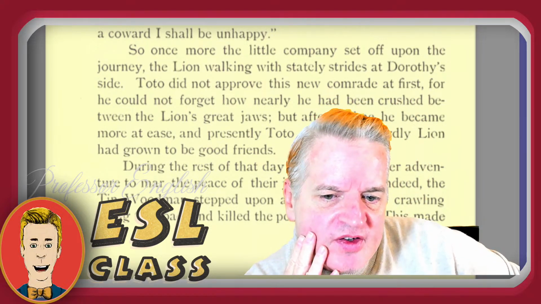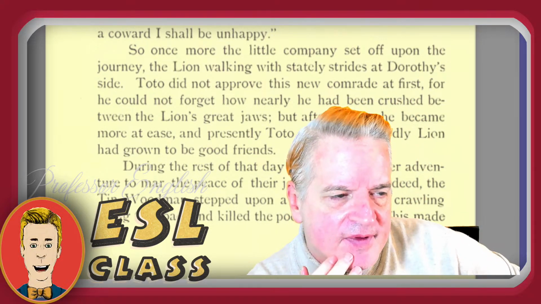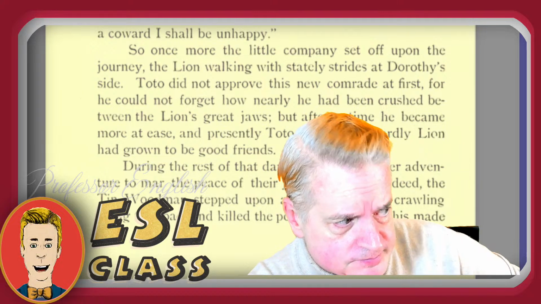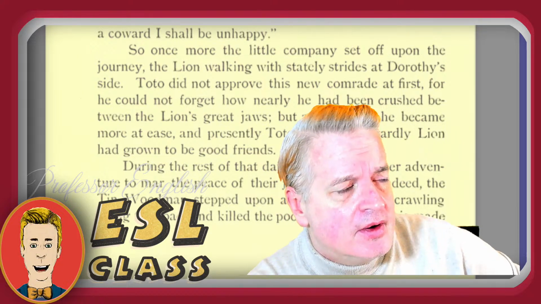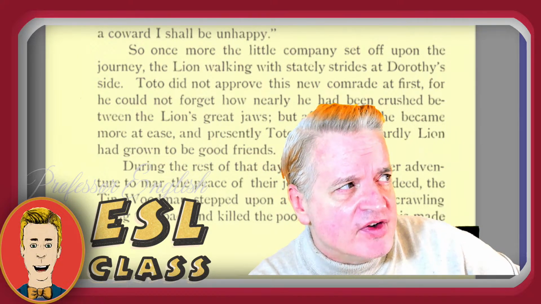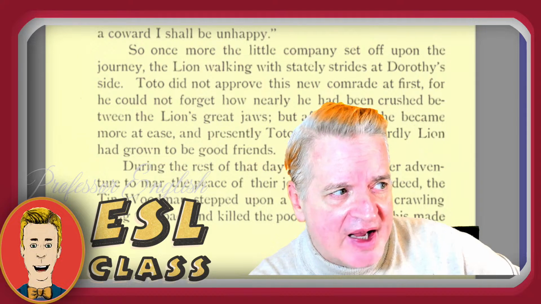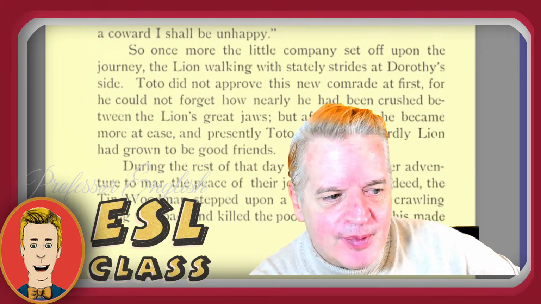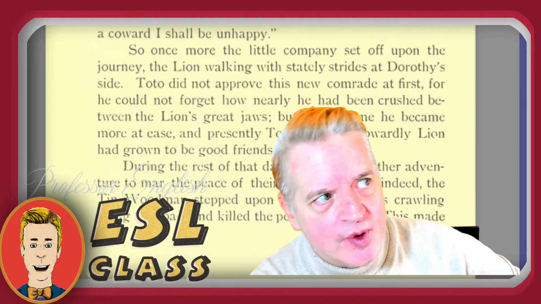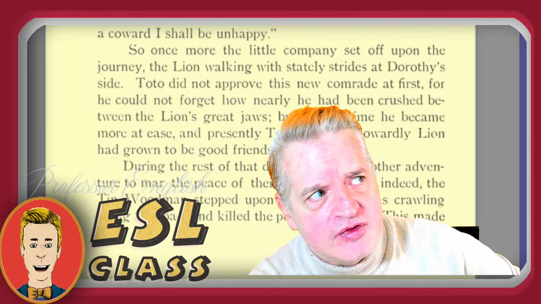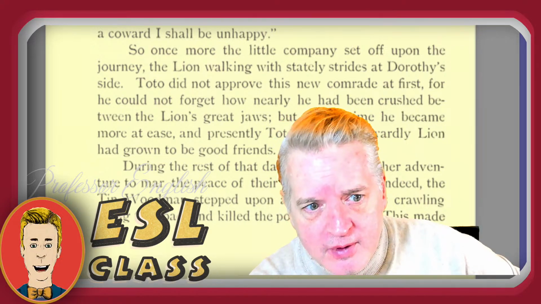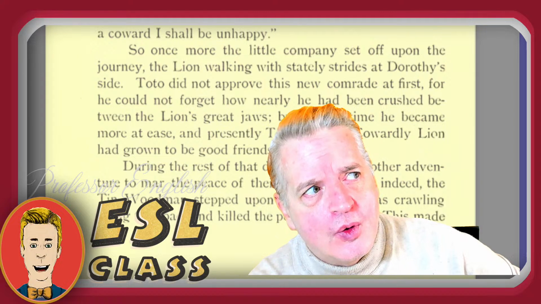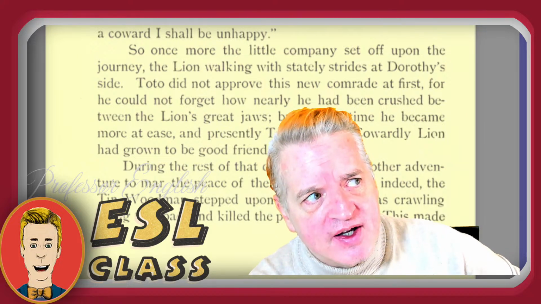PP says, what does it mean when you have ly at the end of a word? Well, you have to know the difference between an adjective and an adverb. I don't like to use fancy words, but that's kind of answering the question. An adjective will describe a noun. A noun is a person or a place or a thing.